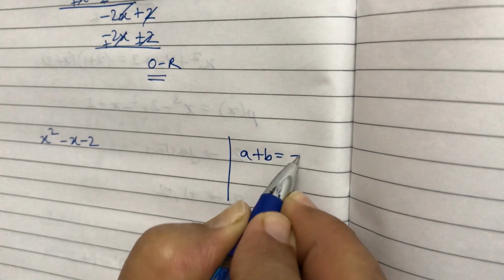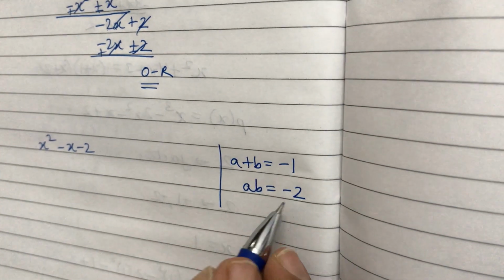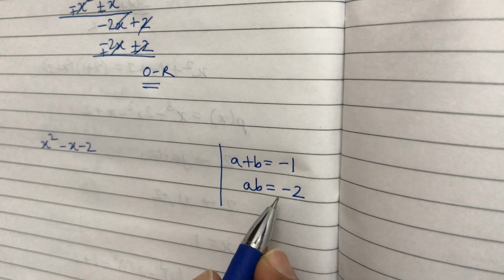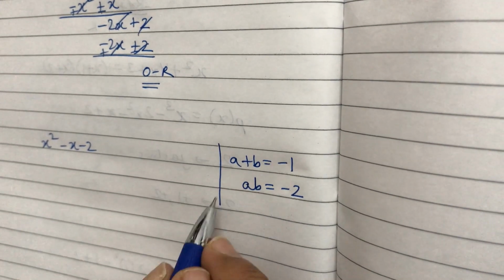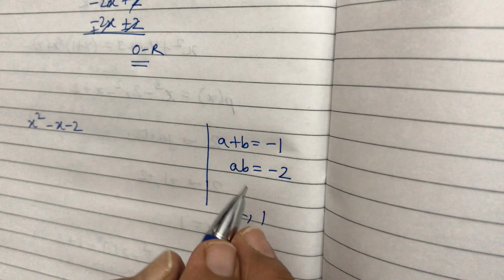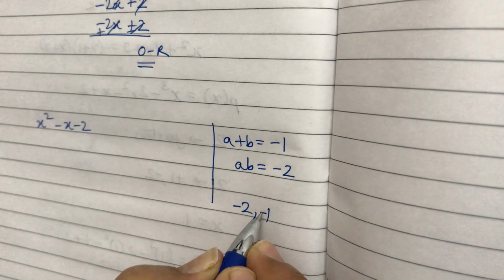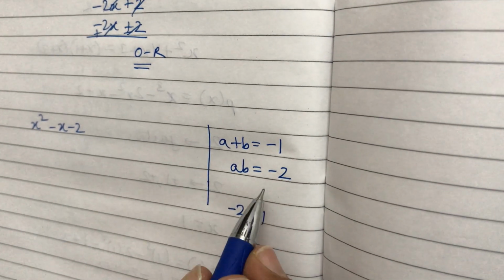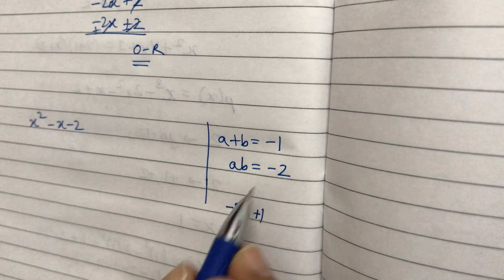The sum is minus 1 and the product is minus 2. Now this being negative means one number is positive, one number is negative. The factors are 2 and 1. The sum being negative means the 2 is negative, 1 is positive. Let us check. Negative 2 into positive 1 is negative 2.